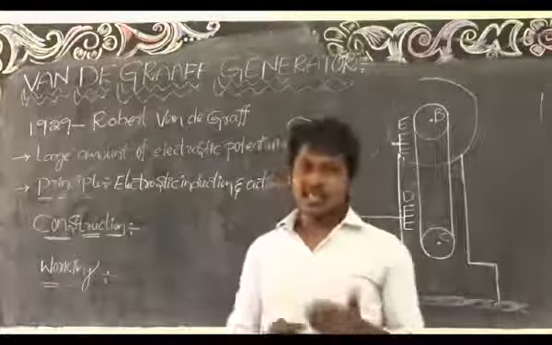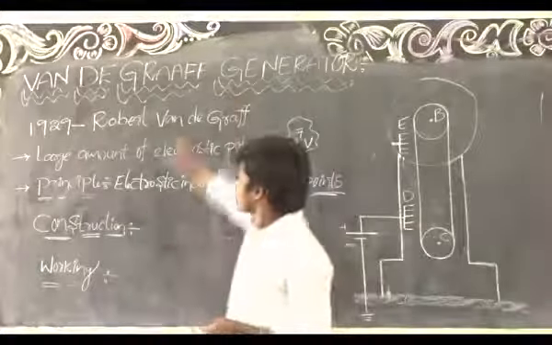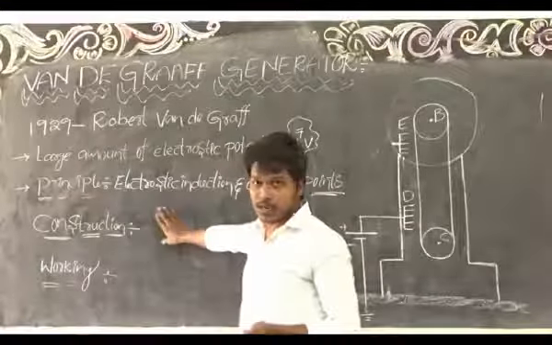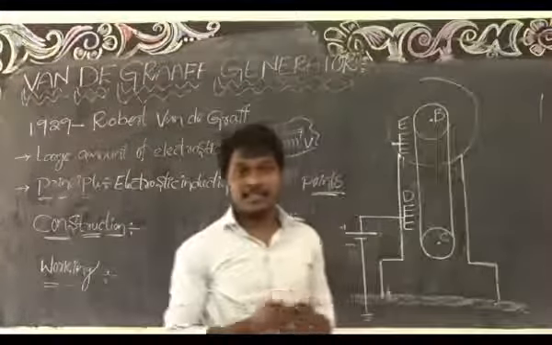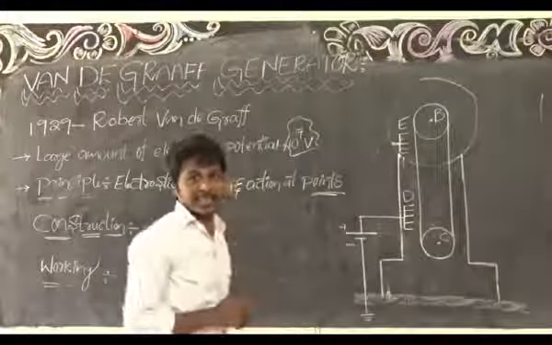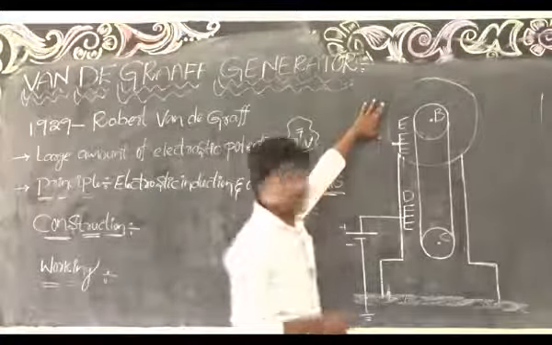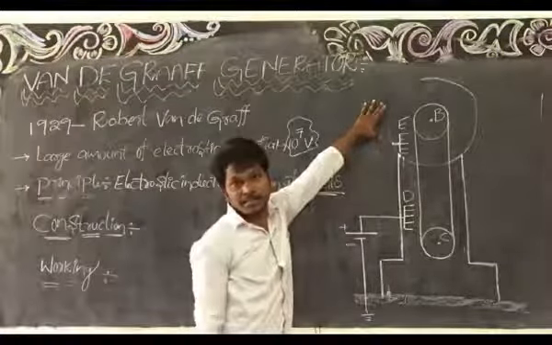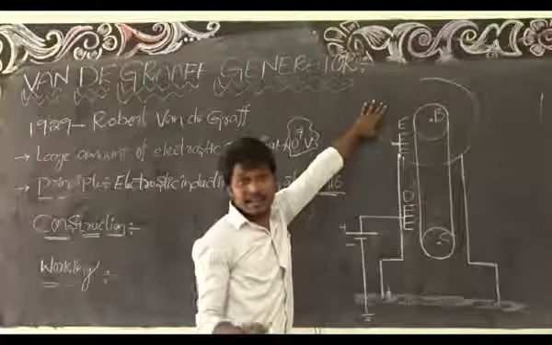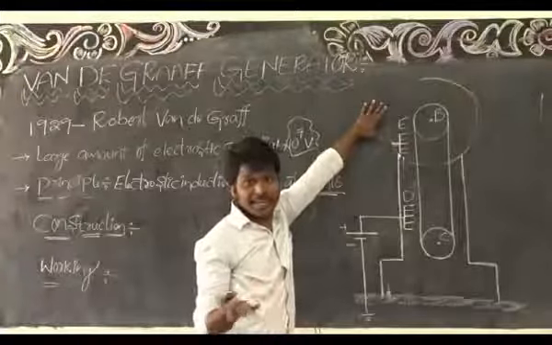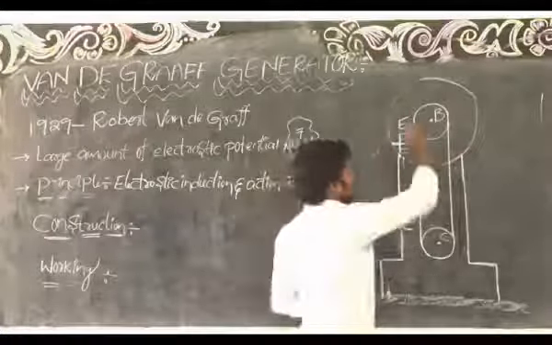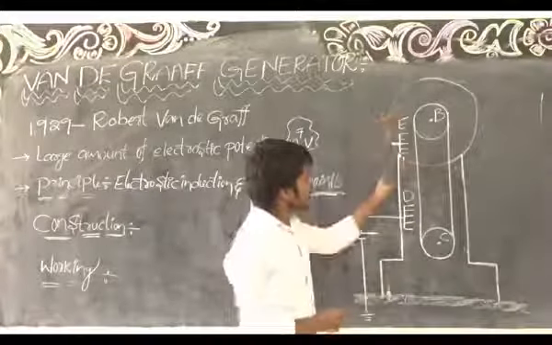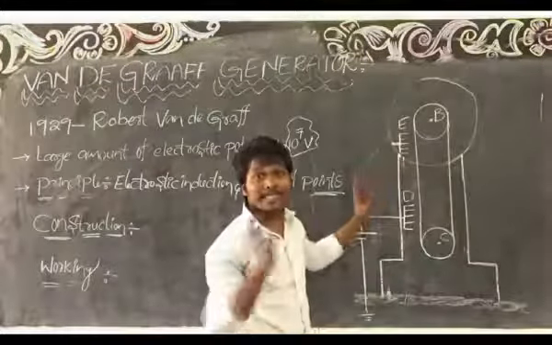Now the construction of this Van de Graaff generator. Let us consider a spherical conducting sphere. This conducting sphere is placed on two insulating stands.